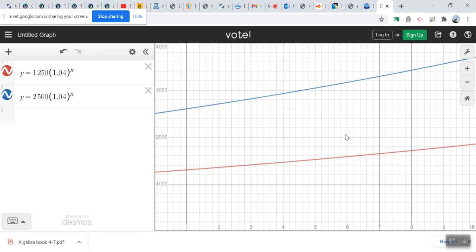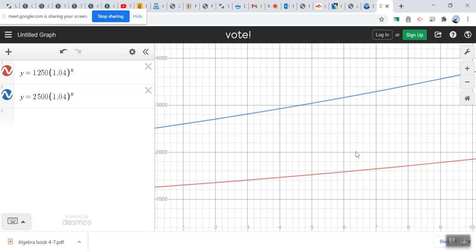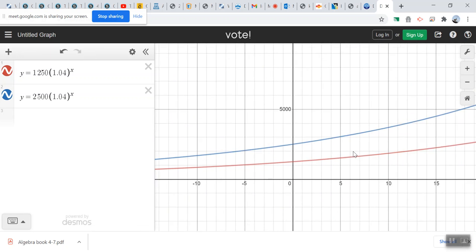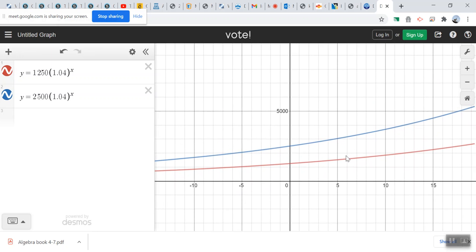There we go. And so here's the graph. Just go out just a little bit. There we go.